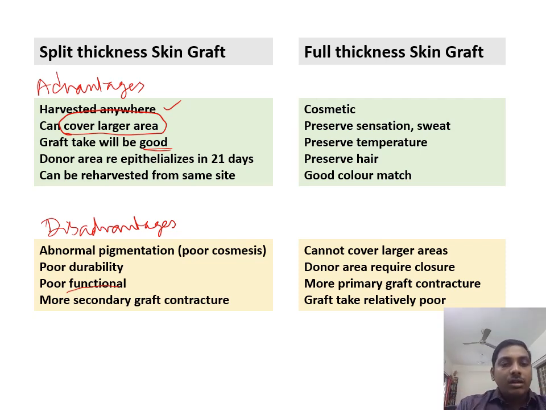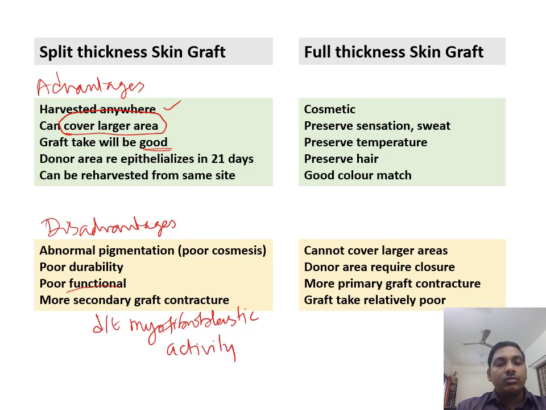That is due to the myofibroblastic activity. Myofibroblasts occurring in the wound healing will cause secondary graft contracture. Because of the myofibroblastic activity, the graft will contract in size and it will also form abnormal pigmentation, leading on to poor cosmesis. These are the disadvantages of the split thickness skin graft.